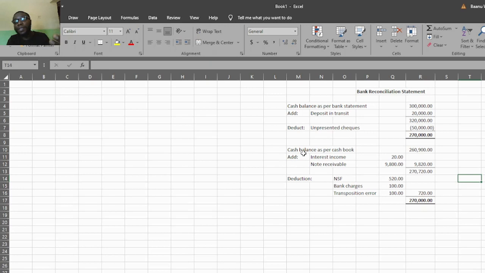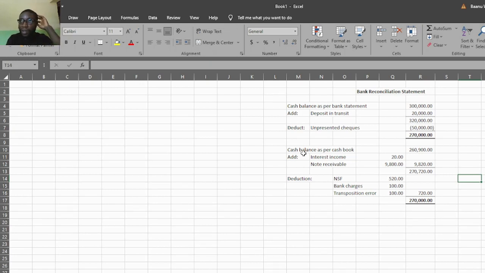So you should add that income to your cash book balance, like interest income, not receivables, and then you deduct direct charges. In some cases, you have a standing order or something like that the bank has already made on your behalf, but you are yet to record it in your cash book. So you should deduct those transactions.